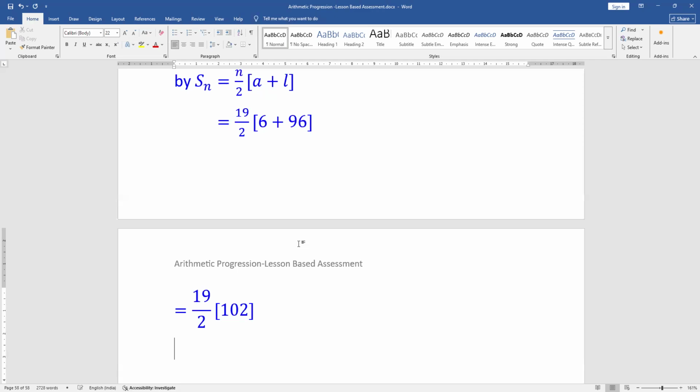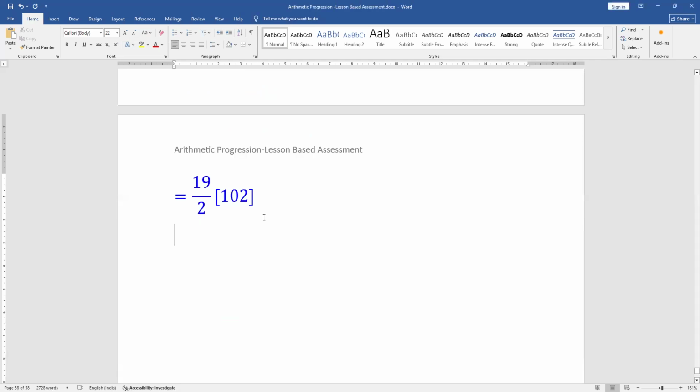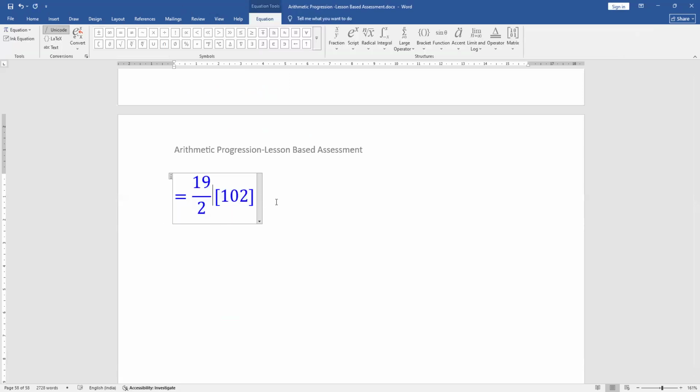Next ಏನಾಗುತ್ತೆ? ಇಲ್ಲಿ ಕ್ಯಾನ್ಸಲ್ ಆಗುತ್ತೆ ಅಲ್ವಾ? 2 1s are 2, 2 51s are 102. ಇದು ಮಲ್ಟಿಪ್ಲಿಕೇಶನ್ ಇದ್ದಂಗೆ. ಓಕೆ, ಅದಕ್ಕೆ ನಾನು ಕ್ಯಾನ್ಸಲ್ ಮಾಡ್ತಾ ಇರ್ತೀನಿ. Then what I do, so if you get confused you can put a multiplication sign.